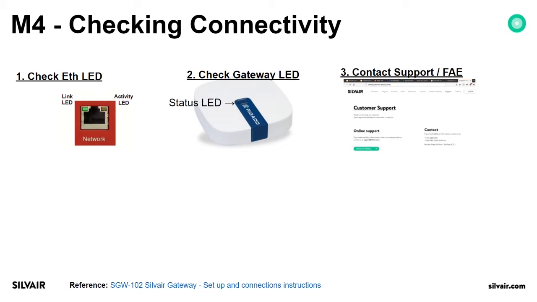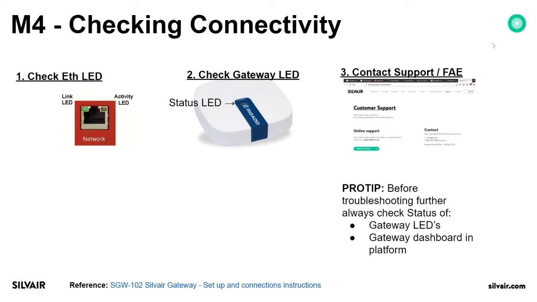We have such services both in the United States and Europe. Before troubleshooting further, always check the status of the gateway LEDs and the gateway dashboard in the platform. Then we'll go further with troubleshooting.